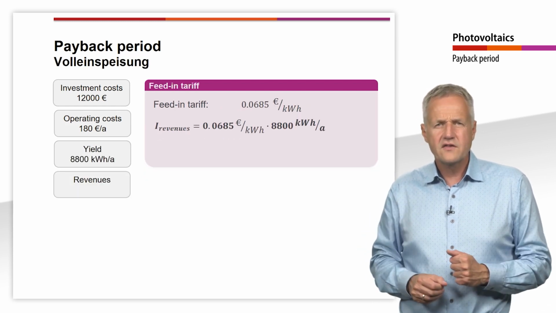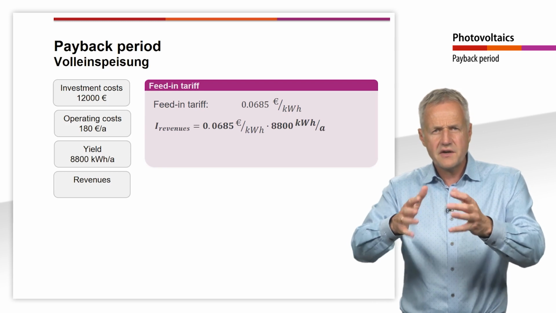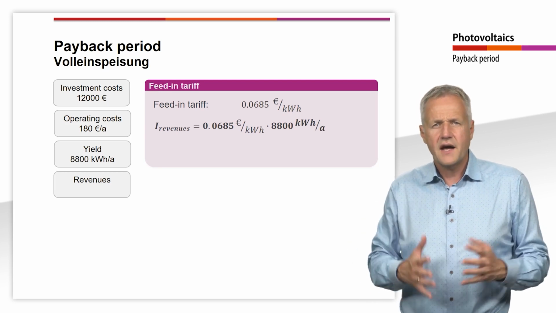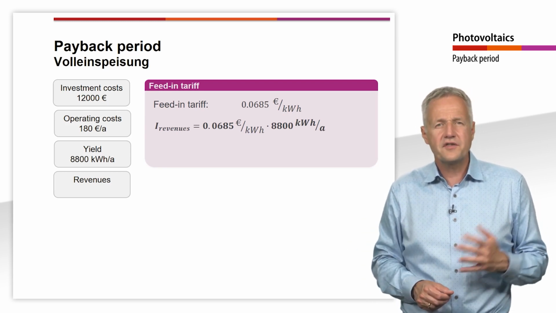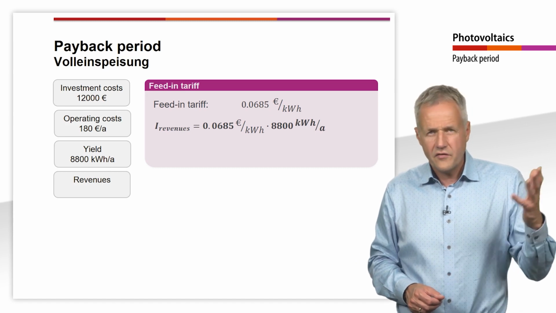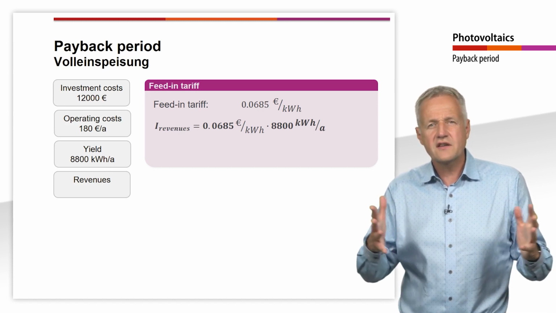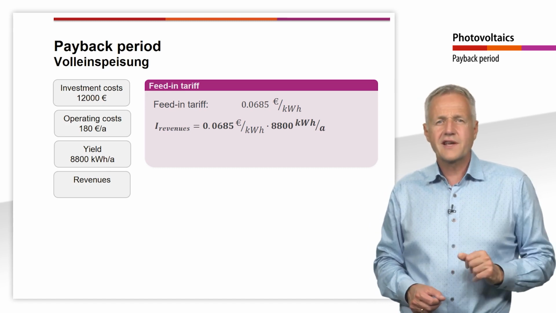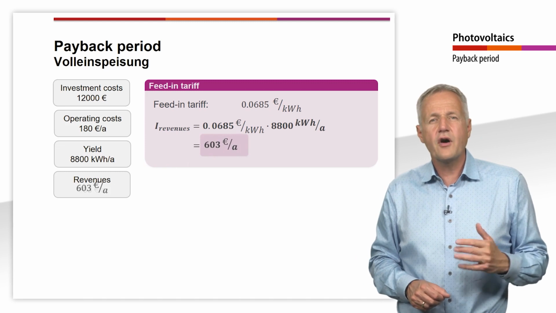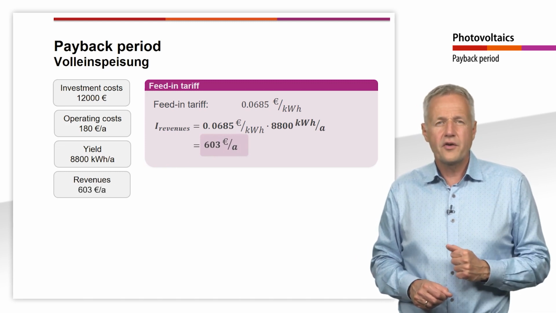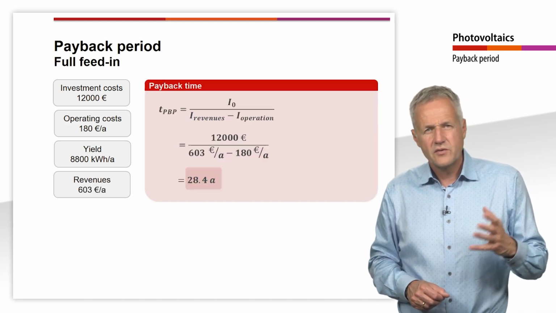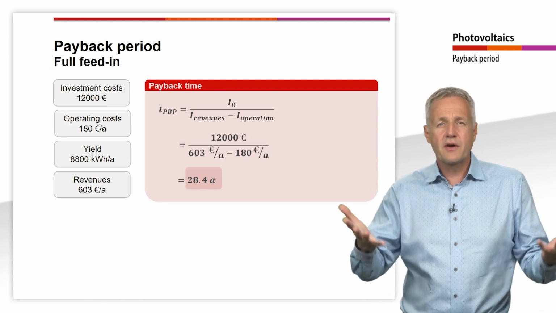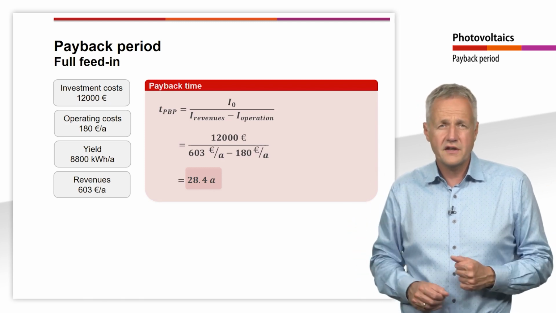Let us first assume that all the electricity generated is fed into the grid. Until recently, the German feed-in tariff for the plant size of below 10 kilowatt peak considered here was 6.85 euro cent per kilowatt hour. This results in a profit of 603 euro per year. With the previously calculated values, the payback period is 28.4 years.